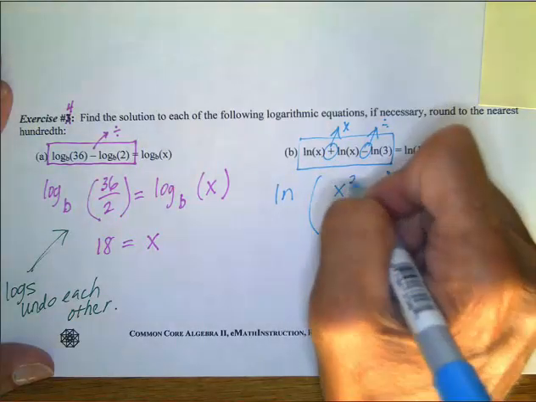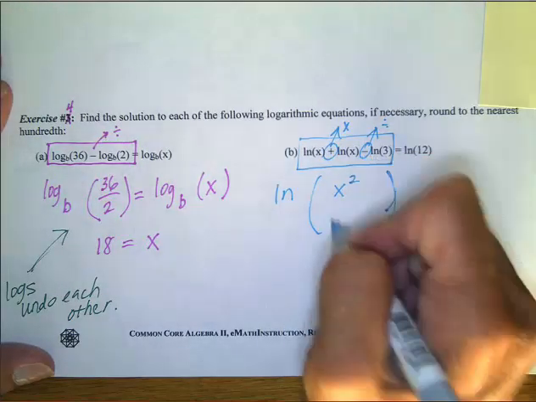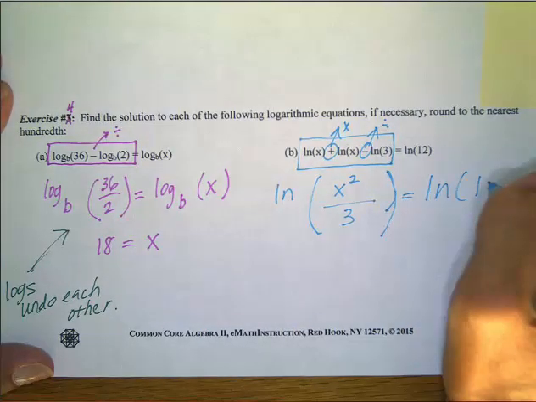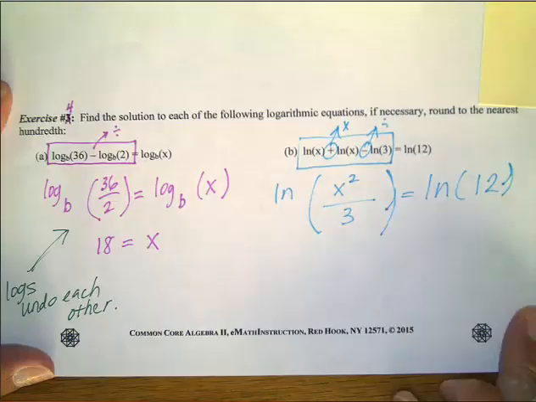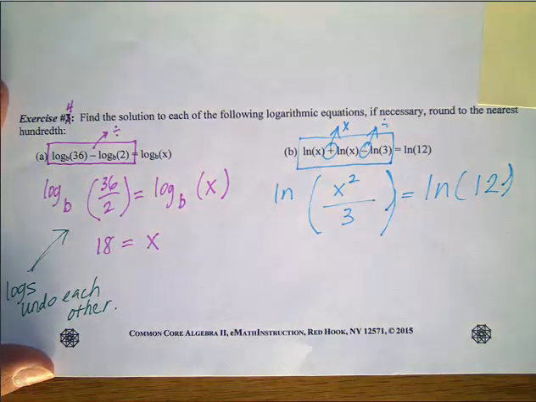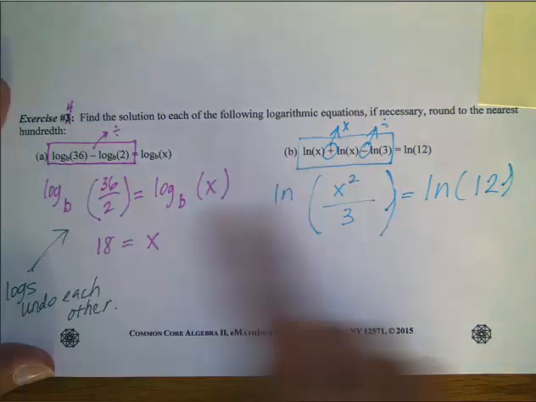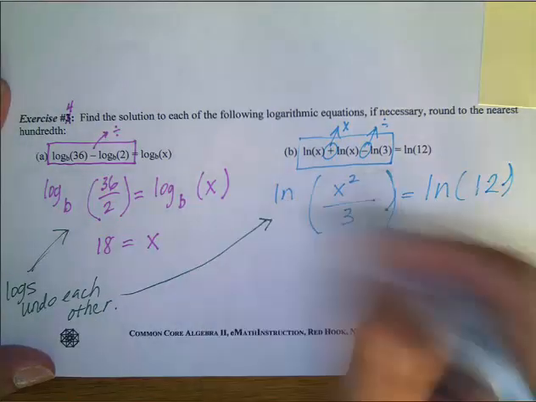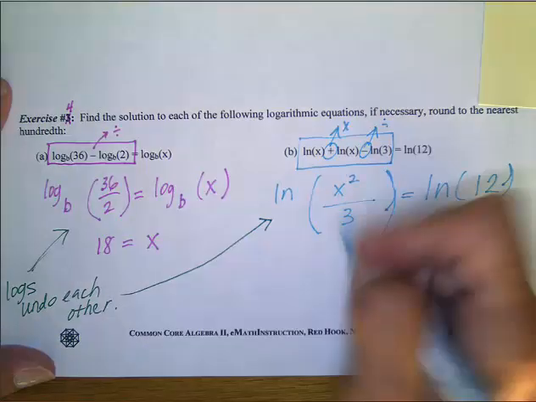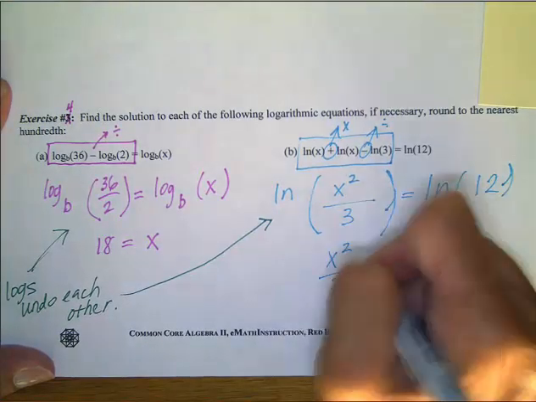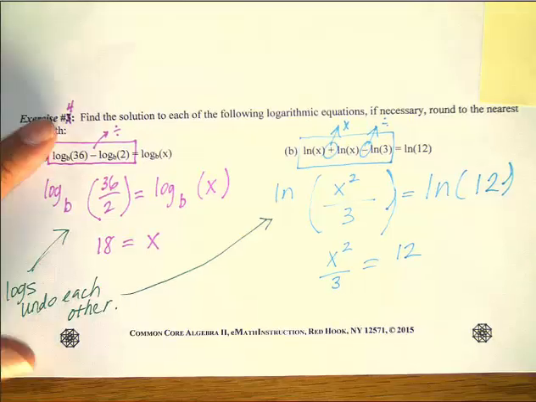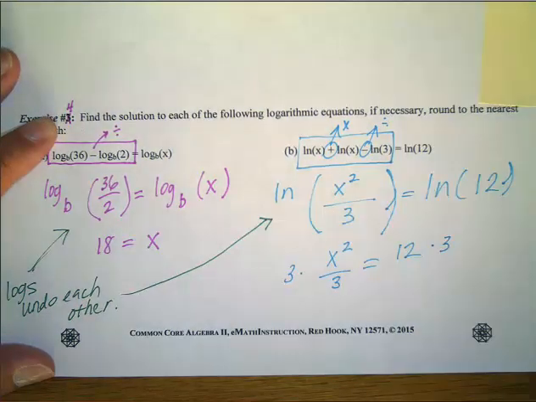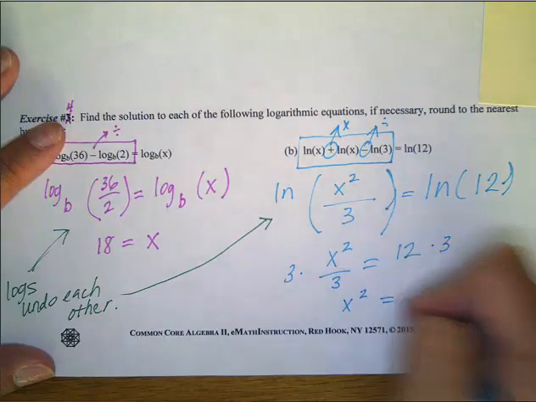So I have x squared divided by 3 equals ln of 12. Well, again, whether it's a common log or a natural log, they undo each other. So now I have x squared over 3 equals 12. So over 3 is the same as dividing by 3. So I'm going to multiply both sides by 3. So x squared equals 36.